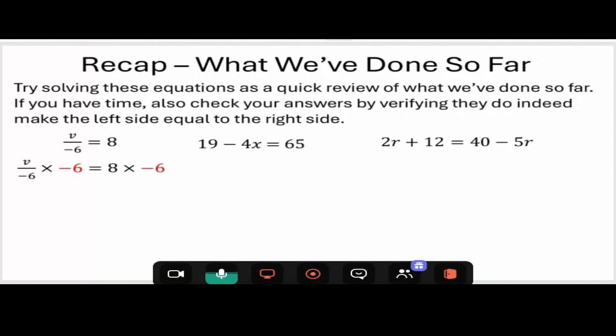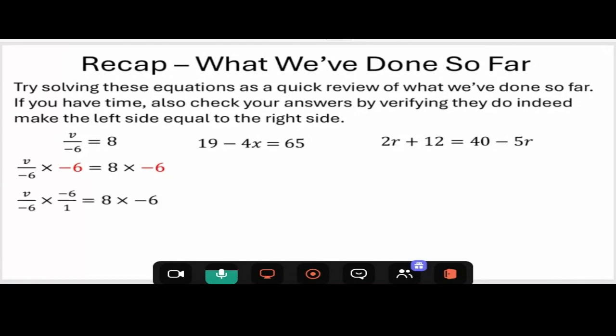So we multiply both sides by -6, like so. And then you don't have to do this next step, but we know when we're going to have to do fraction work, we would turn that -6 into a -6/1. And now we can see, because that's multiplication, that we can cancel the -6's because there's one on the top and one on the bottom.